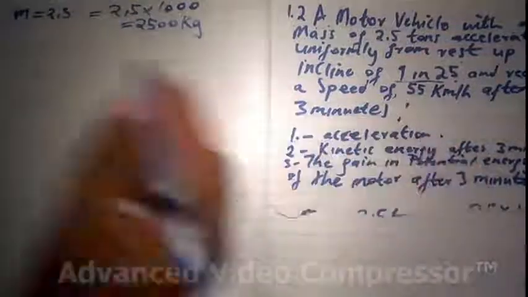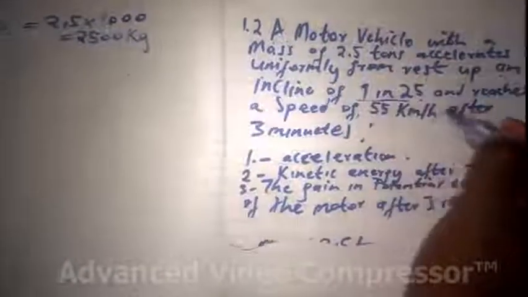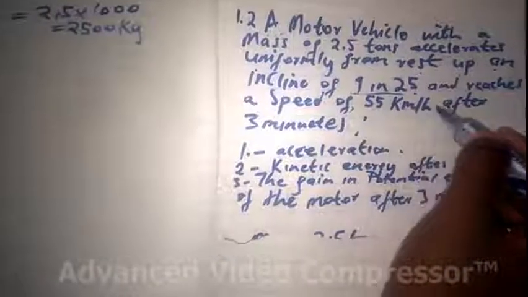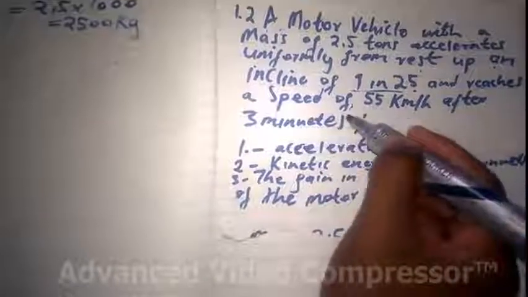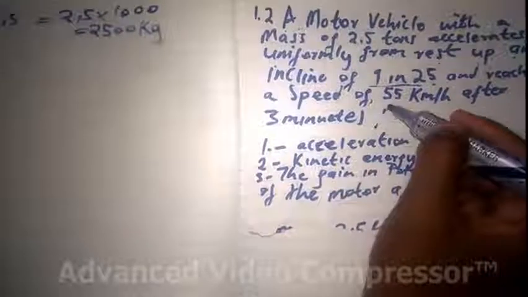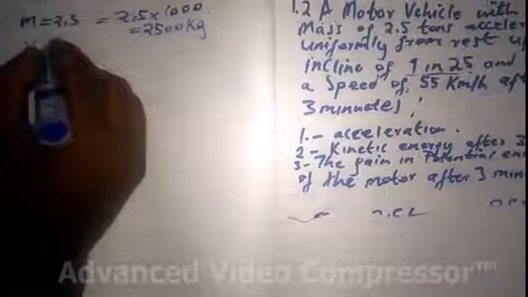Since we are looking for acceleration, I mean our speed, as mentioned here, the speed of 55 km per hour after 3 minutes. Since the speed is after 3 minutes, this is our final velocity, v equals 55 km per hour.